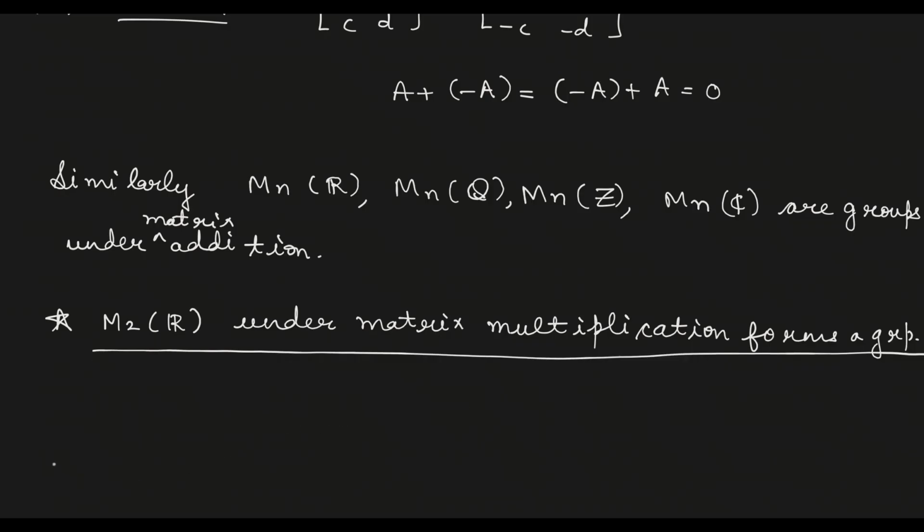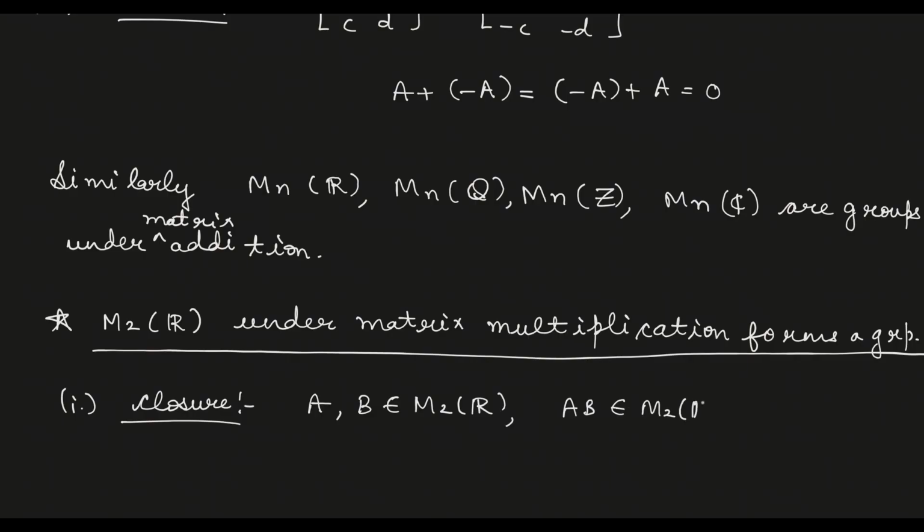First, closure property. A comma B belongs to M2R. Then the product of these two matrices will again belong to M2R. What about associativity? Yes, matrix multiplication is associative.